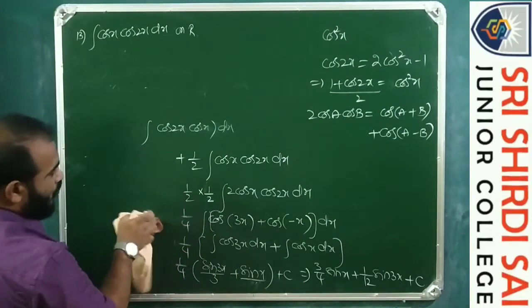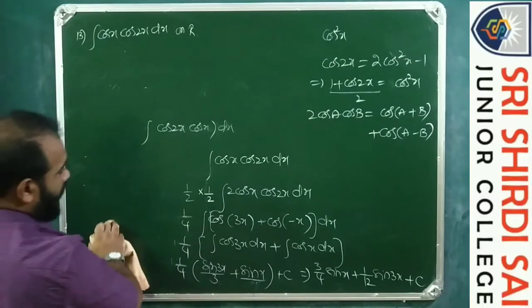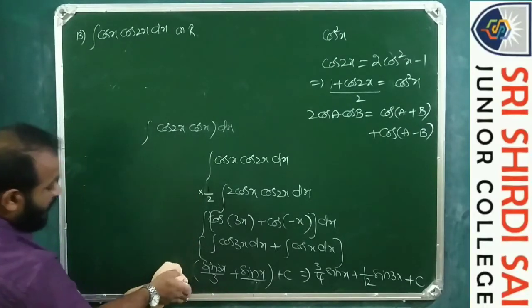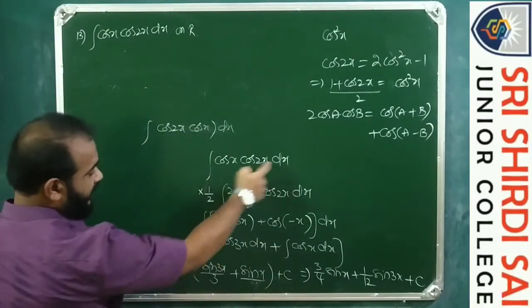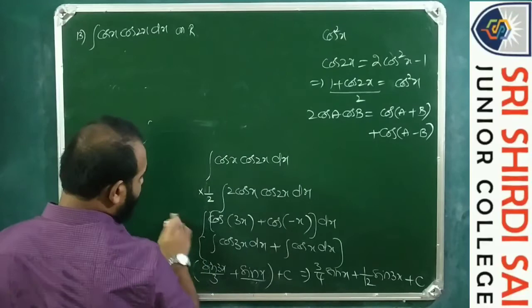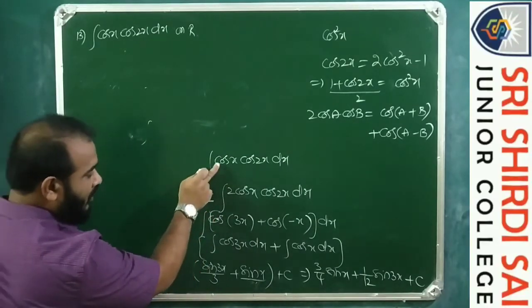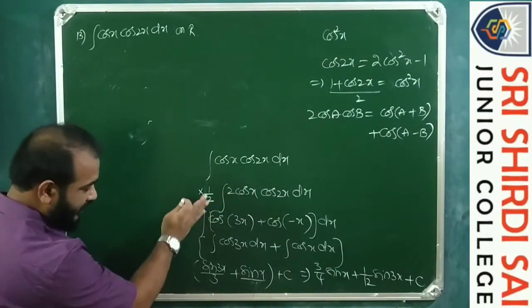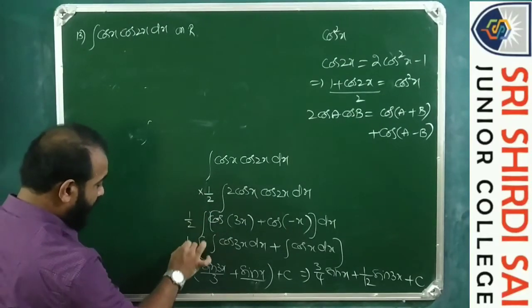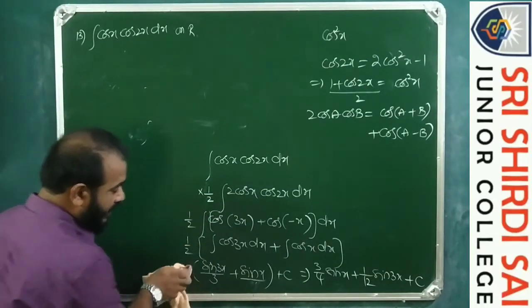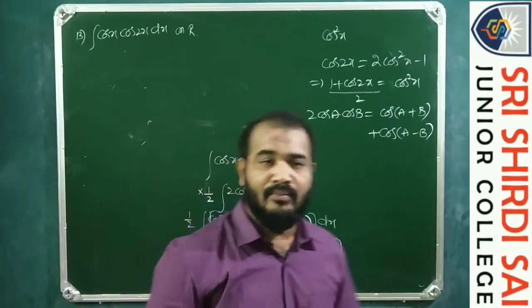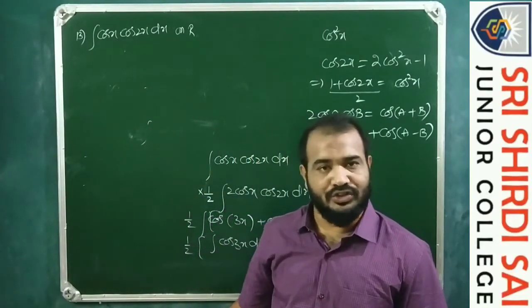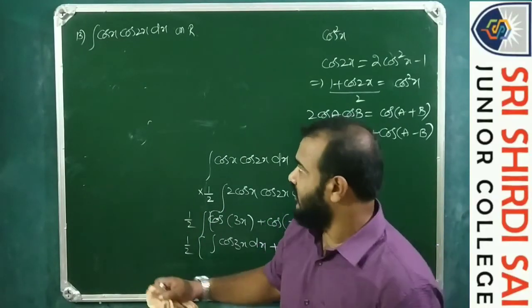If you remove this 1 by 2, then integral cos x into cos 2x dx starts from this one itself. So 1 by 2 into 2 is what I have done, so everything is the same and the answer is going to be this. That is why I am not solving the 13th question here, but the 14th question we will discuss.